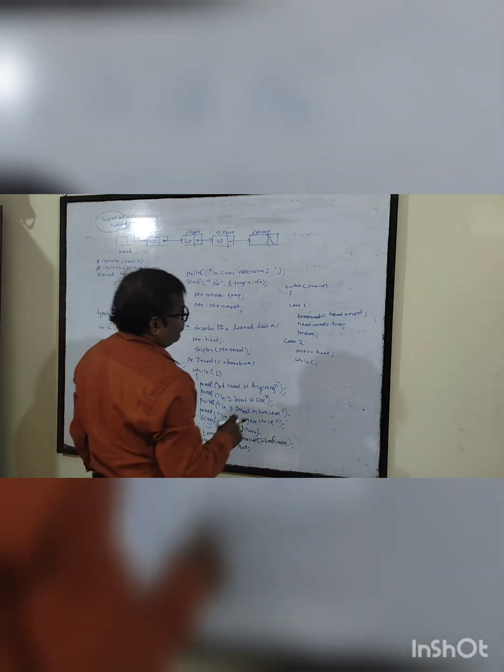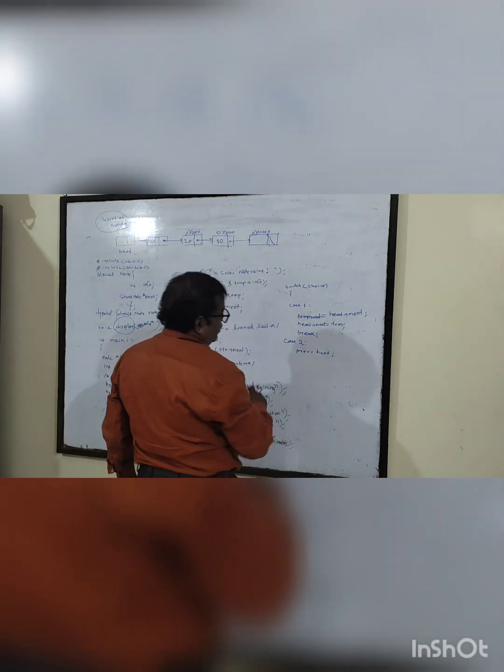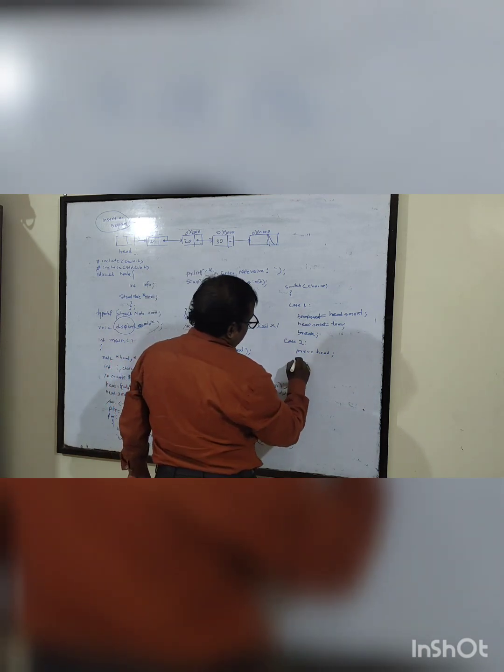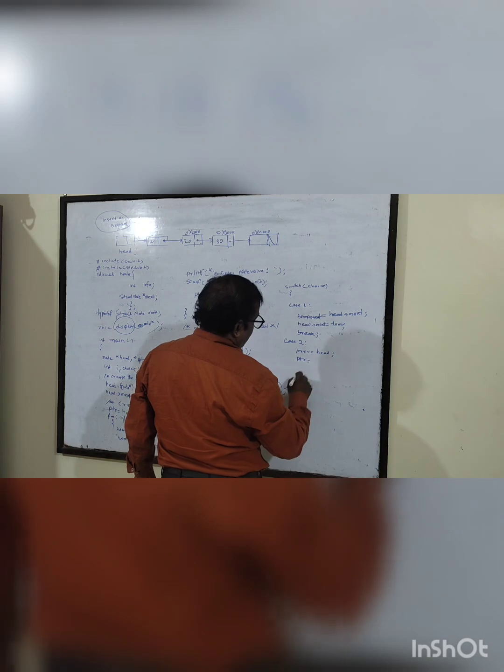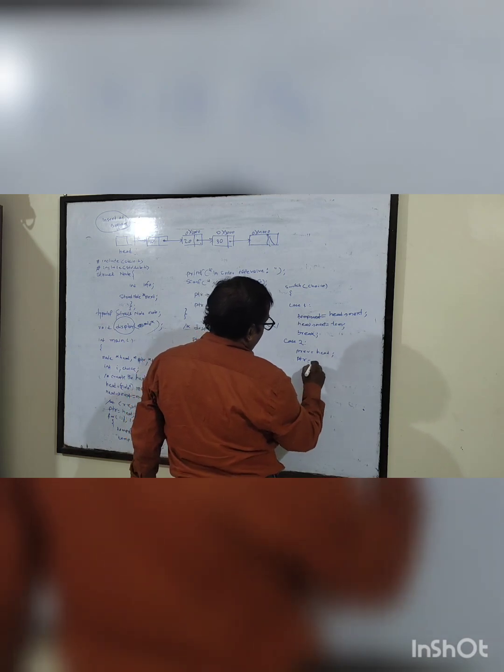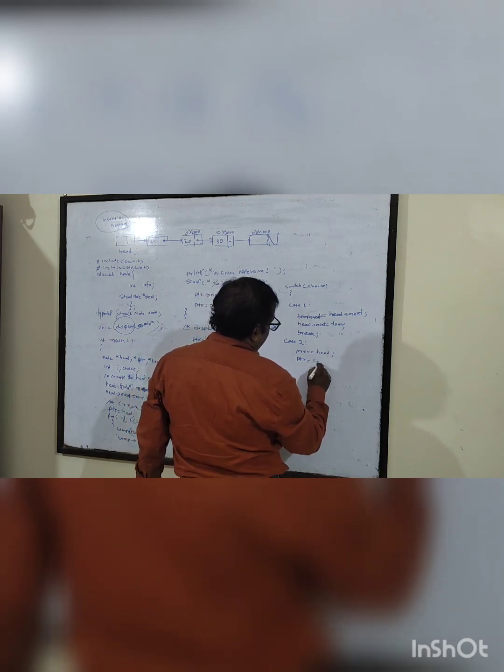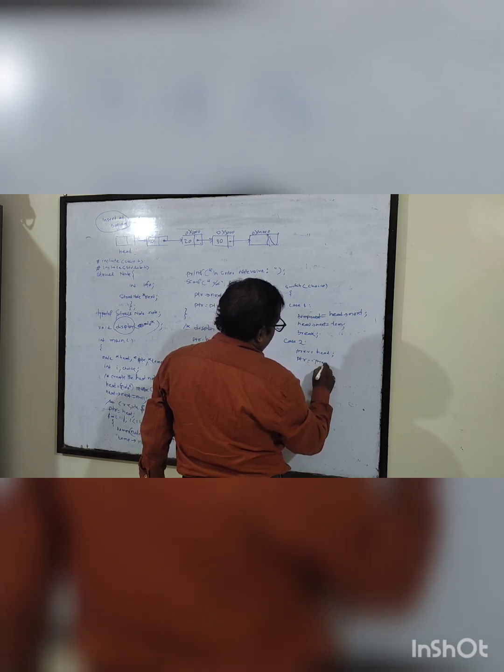I will create one more variable here, called PTR. What is that PTR here? Currently PTR is equal to head of next, that is, PTR equal to previous of next. This is mandatory for defining.